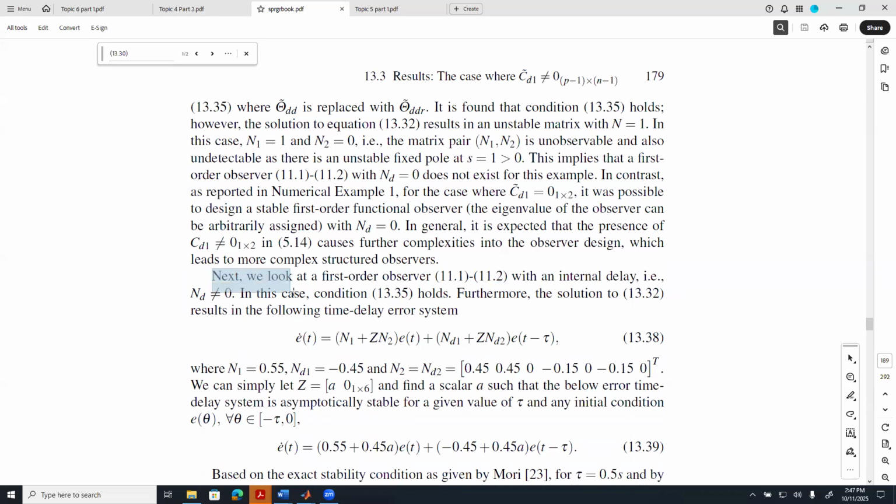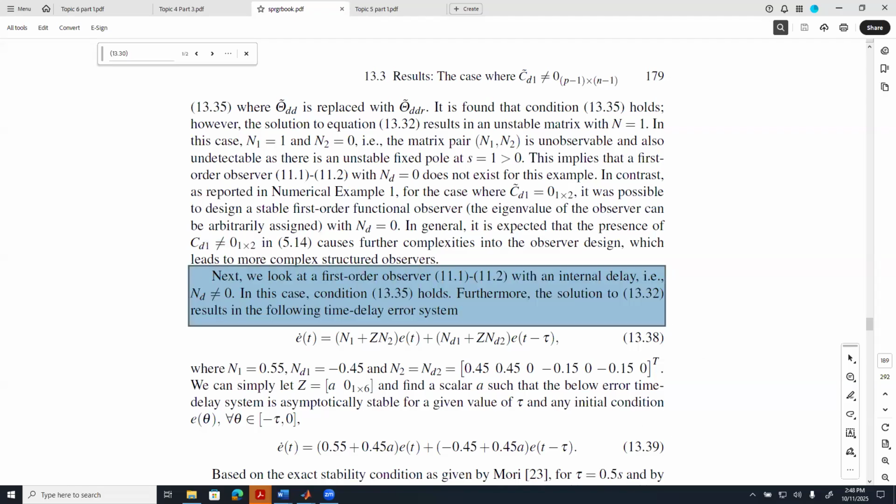The reason is that when we do the one without internal delay and we do it at higher order, we face the issue with an observer fixed mode, just like in the previous one. But this is the case for C tilde D1 not zero. So there is an alternative way to look at an observer with an internal delay.